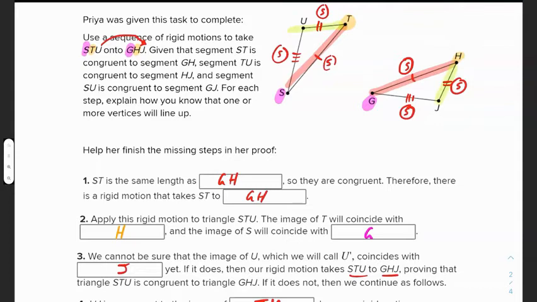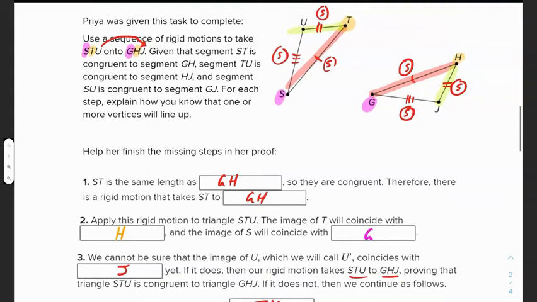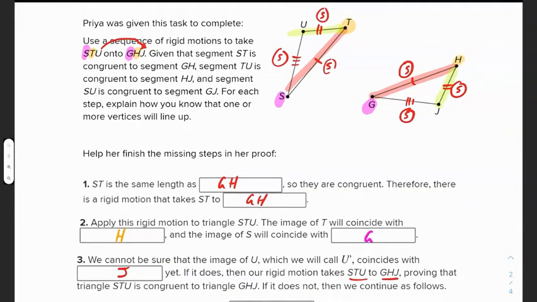So what we're saying here is if H is equidistant from U prime, this is after the sequence of rigid transformations. So maybe this kid, maybe she did a translation and she got STU to be right here. U prime would be right here. So what she's saying is H right here is going to be the same distance from U prime and J, given the fact that certain sides here are congruent already.